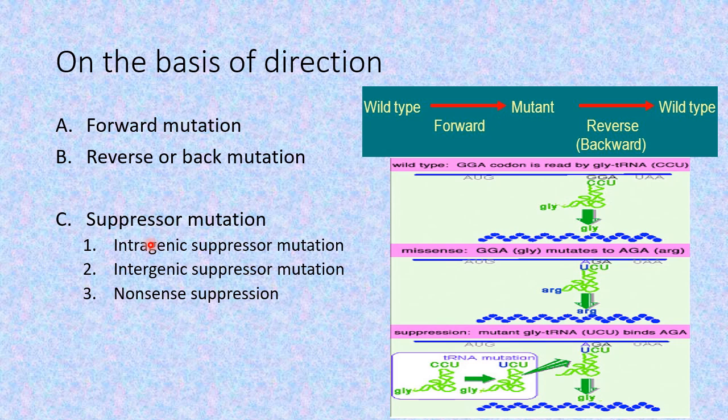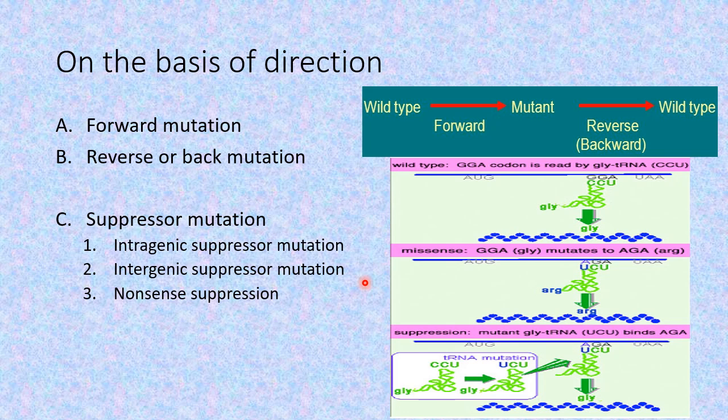And suppressor mutations restore the functioning of some other mutation which may have taken place in that particular gene itself, that means intragenic suppressor mutation, or in some other gene, that is, mutation in one of the genes may restore the altered function of some other gene. That means intergenic suppressor mutation.